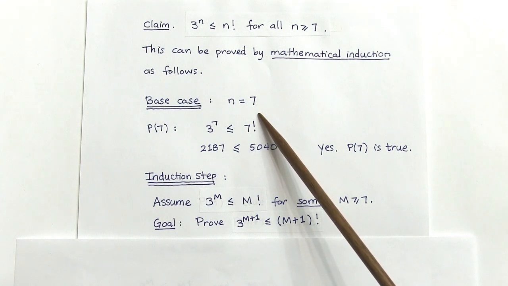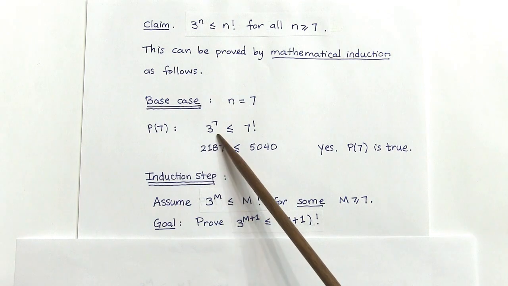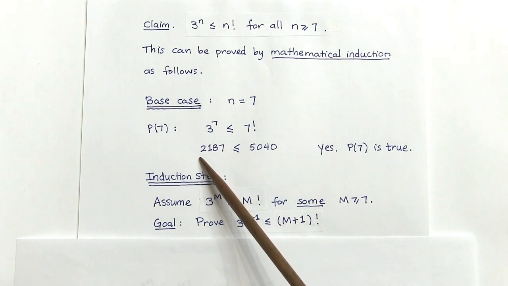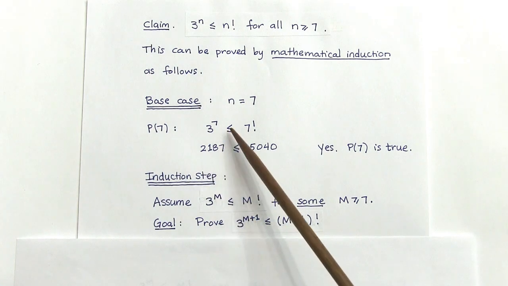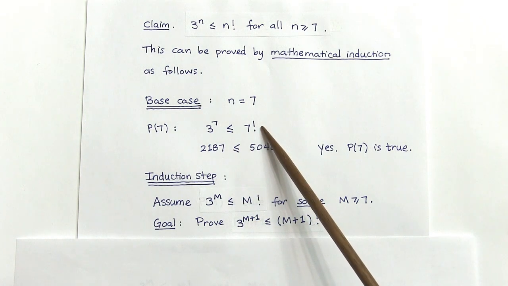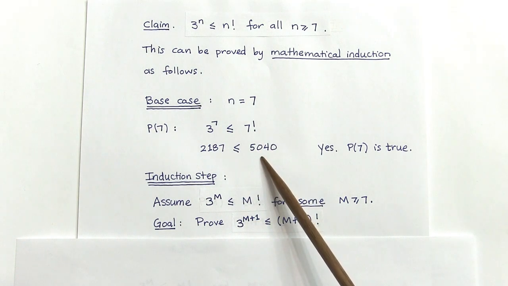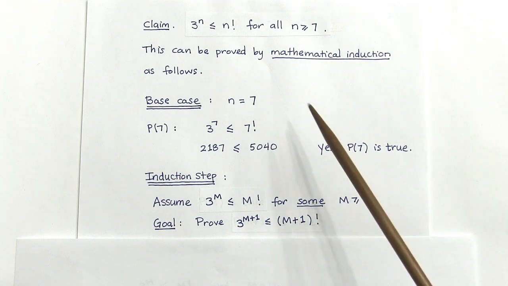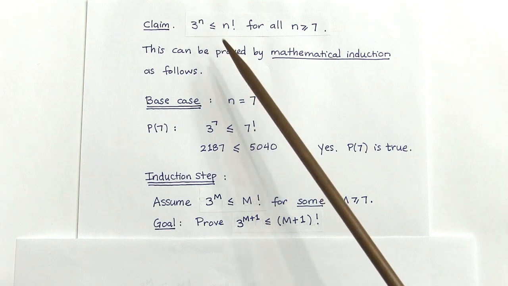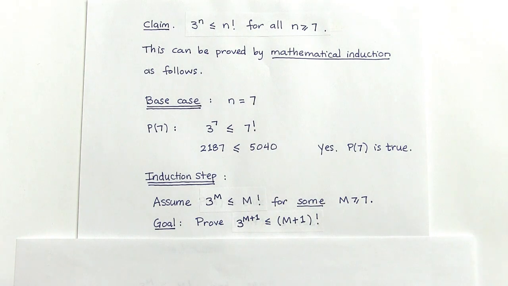And we observed that yes, 3 to the 7, which is 2,187, is indeed less than or equal to 7 factorial, which is 5,040. So yes, the predicate is true when n is 7, and so the base case is established.